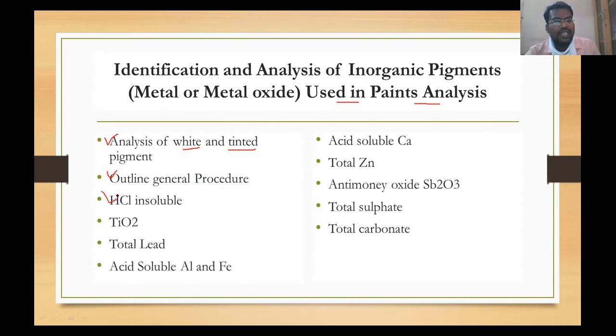Then HCl insoluble content कौन सा है, titanium oxides, total acid soluble aluminum and iron, then acid soluble calcium, total zinc, antimony oxides, then total sulfate and total carbonates. So whenever we are discussing the identification and the analysis of inorganic pigments, in that case we will have to discuss all these points.